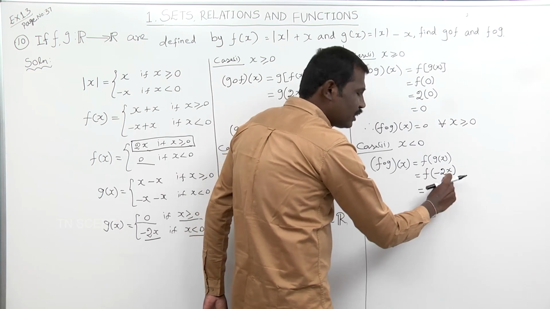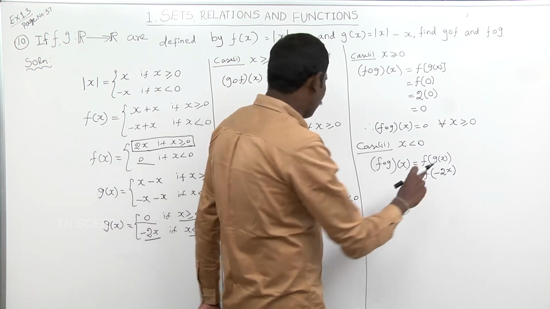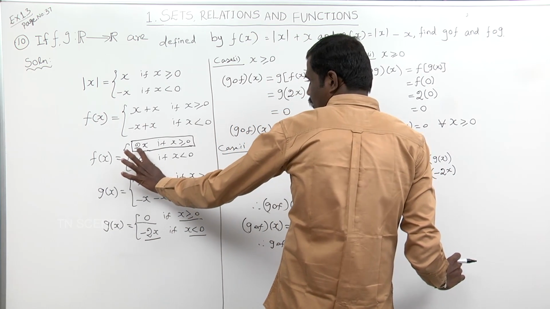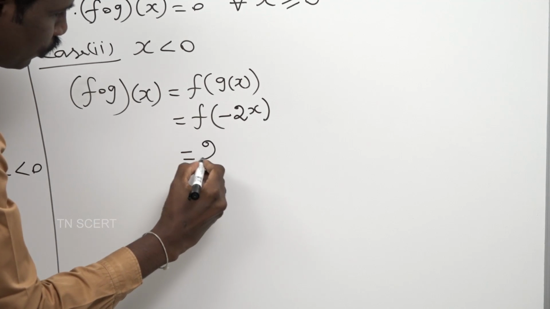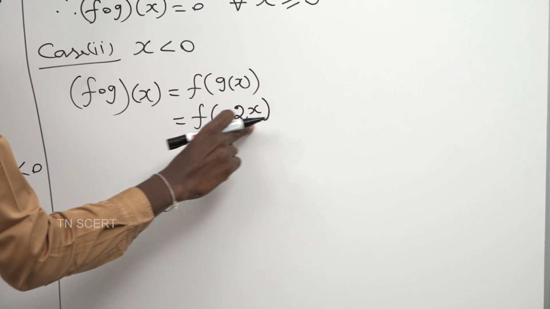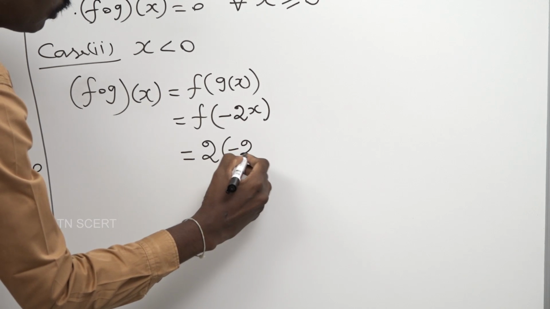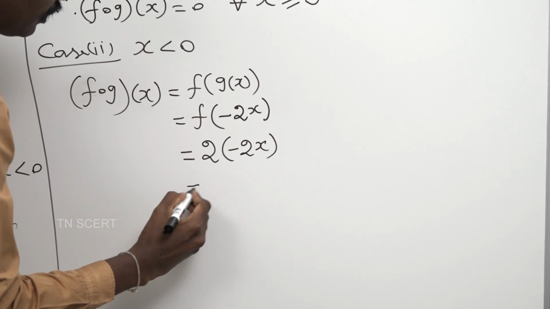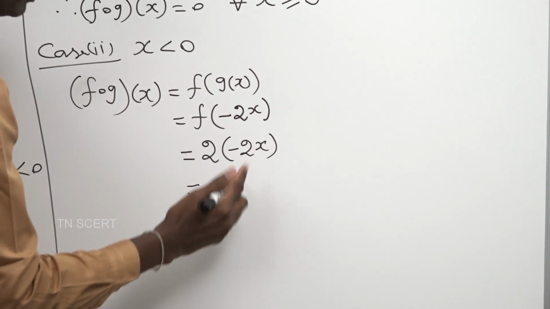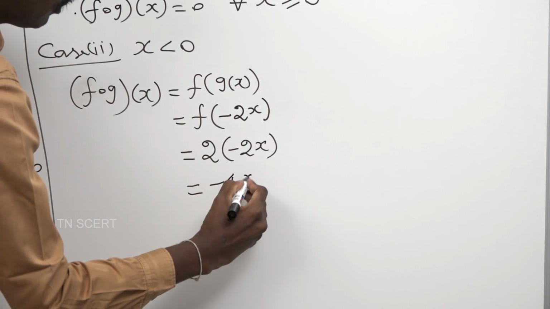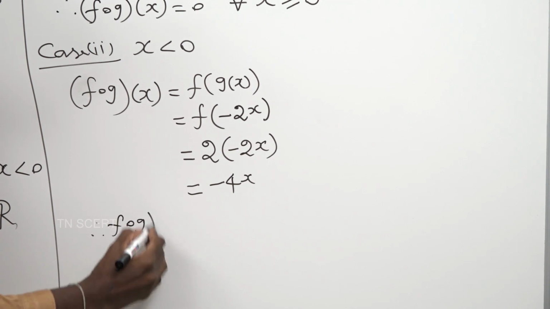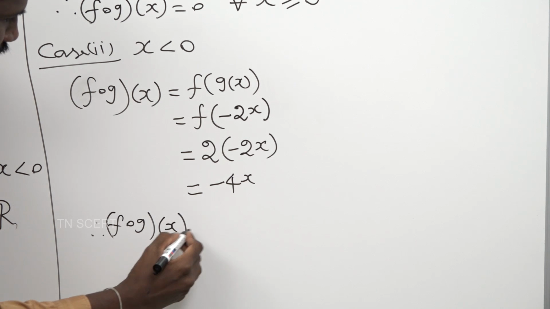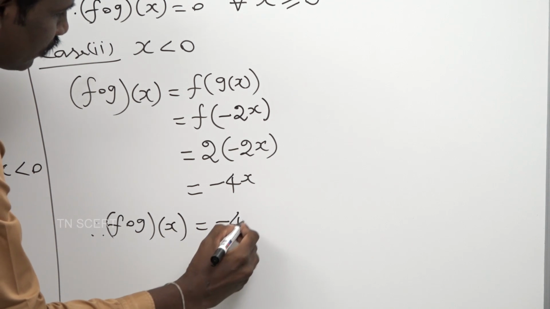Here minus 2x is a positive quantity. Therefore, we have to use this definition. So, f of x equal to 2x. Here, in the place of x, we have minus 2x. This is equal to 2 into minus 2x, that becomes minus 4x. Therefore, f composite g of x is equal to minus 4x.